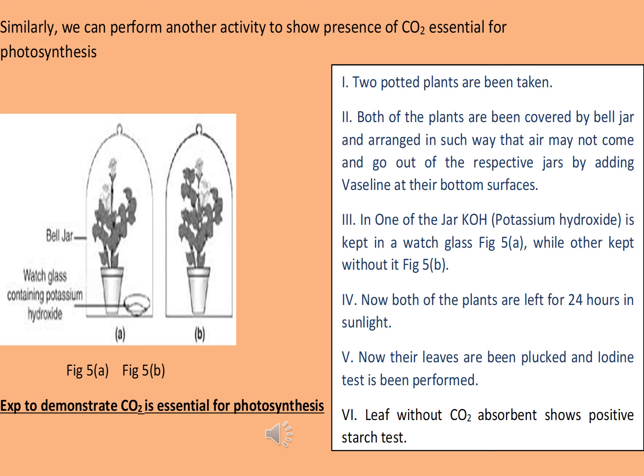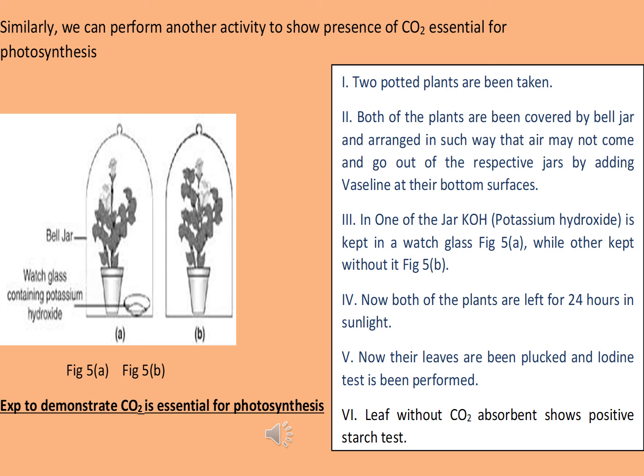That is, we will boil both of the leaves in an alcohol solution, and once they have been decolorized, we will perform the iodine test on them.